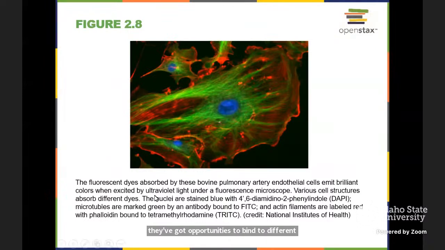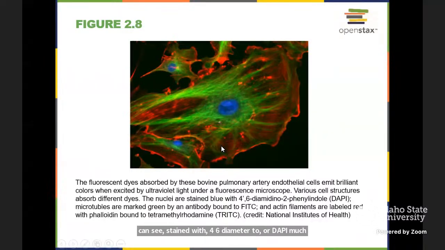So here we're looking at bovine pulmonary artery endothelial cells, all right? And we've got nuclei in blue, couple, three maybe, that we can see, stained with 4,6-diamido-2-phenylindole, or DAPI, much easier to say DAPI.